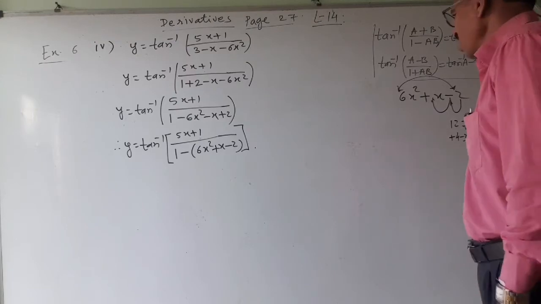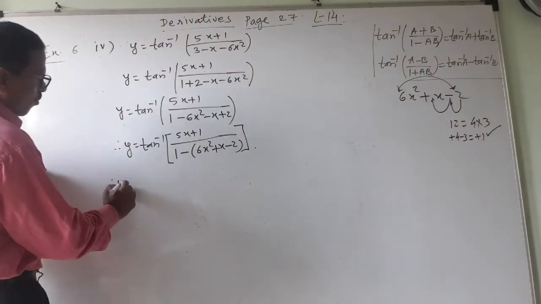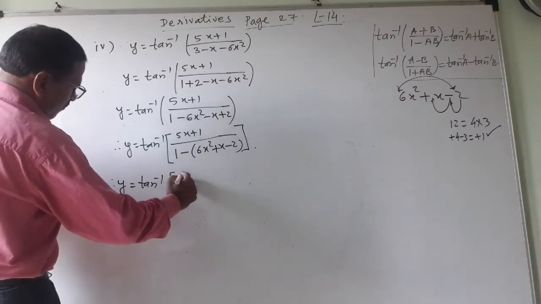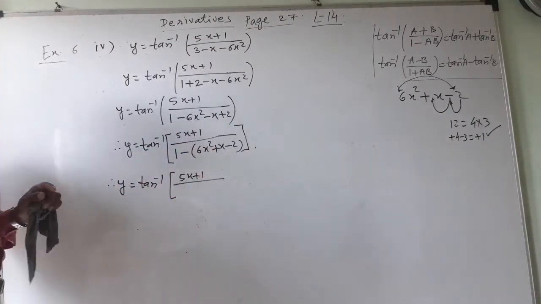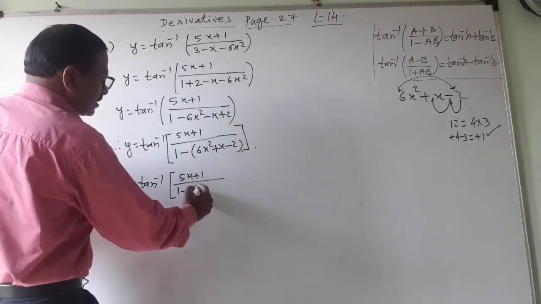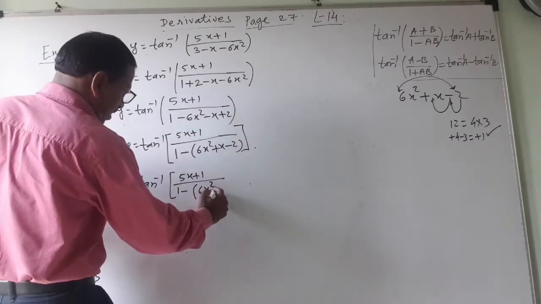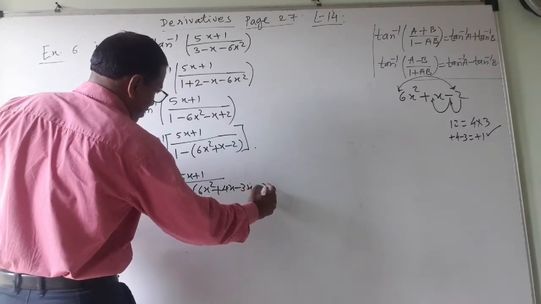My purpose is solved. So therefore y is equal to tan inverse of 5x plus 1 upon, I am not touching the numerator at all right now, 1 minus, this I will make as 6x square plus 4x minus 3x and minus 2.